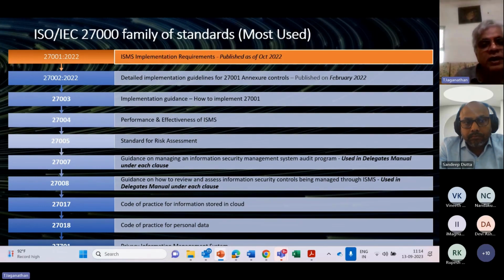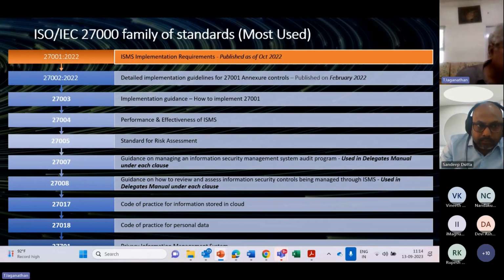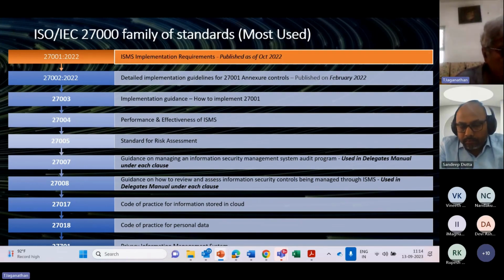27002 is a detailed guideline for the annexure controls alone. We will see what the annexure controls are. Because they are the technical controls, they are given a guideline book in 27002. We will see quickly the difference between 27001 and 27002. 27001 will be very cryptic, just 2 lines: this is what you should do.